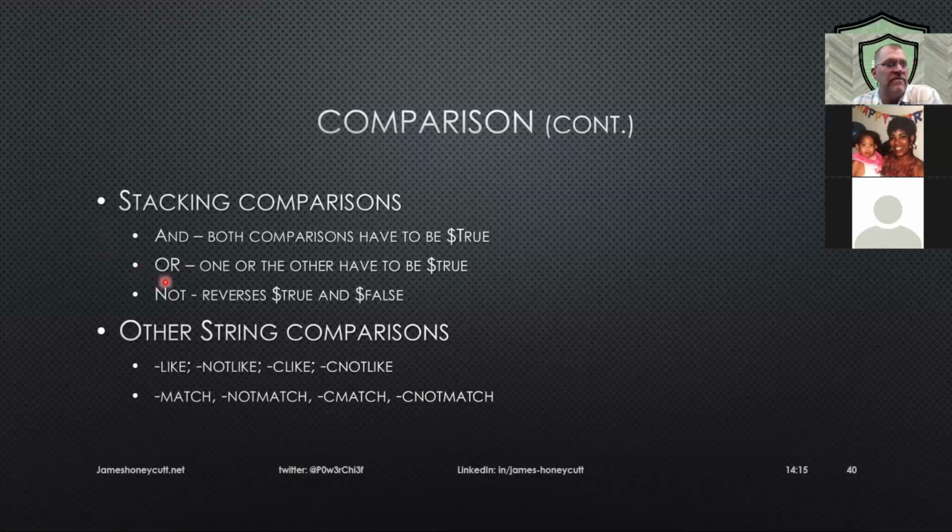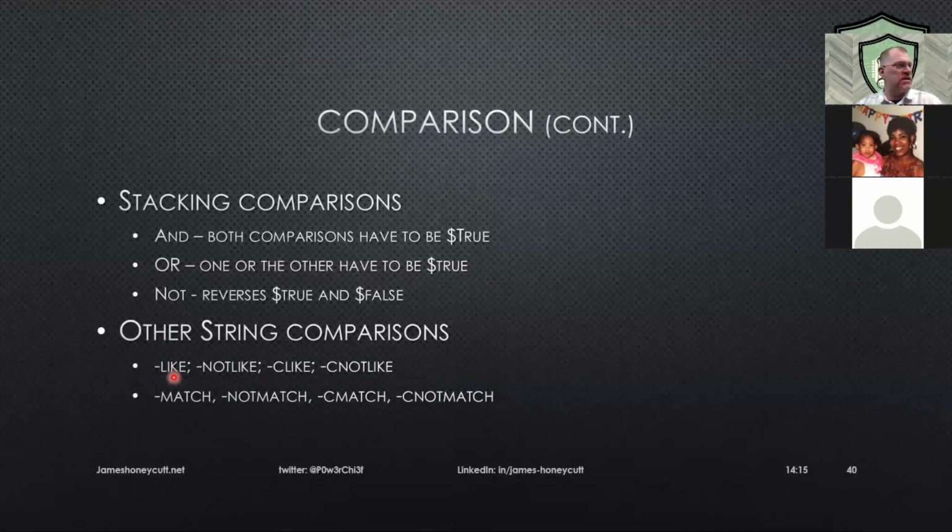And then we also have these other string comparisons, the like. When we're talking about string comparisons, you start using asterisks and question marks and things like that. So it can start taking some of your regex, right?